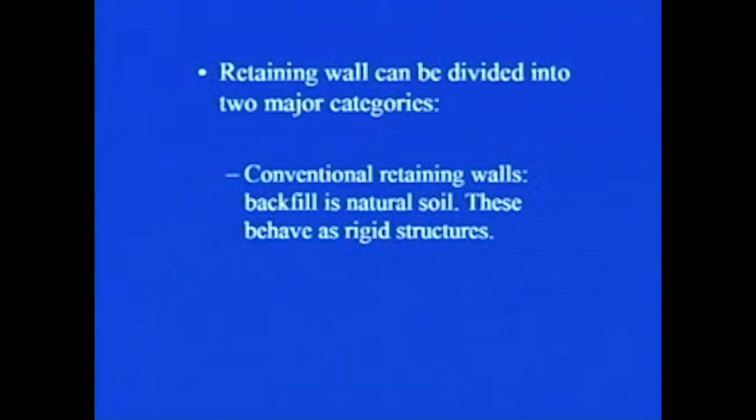Basically, these can be divided into two major categories. First one is conventional retaining walls. There the backfill is natural soil and these behave as rigid structures. These days you hear of geosynthetics and different materials, but in case of conventional retaining wall we don't use such type of material.